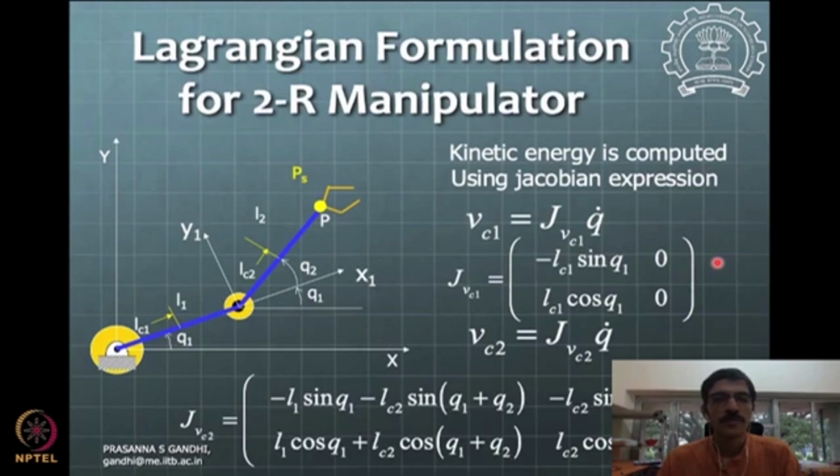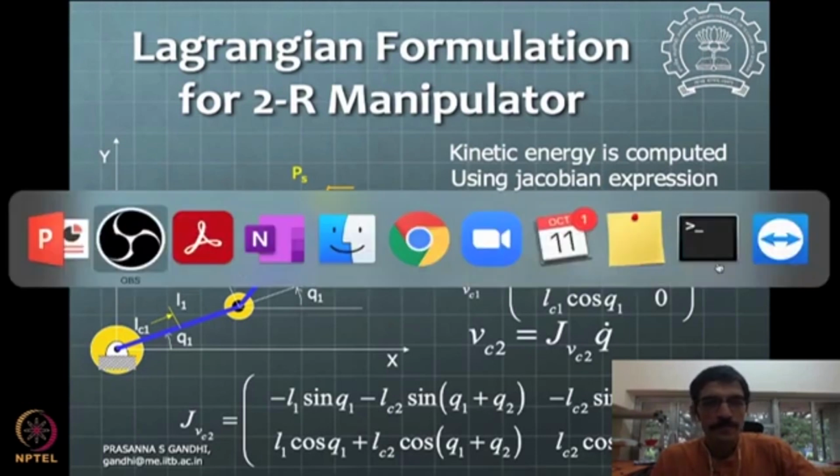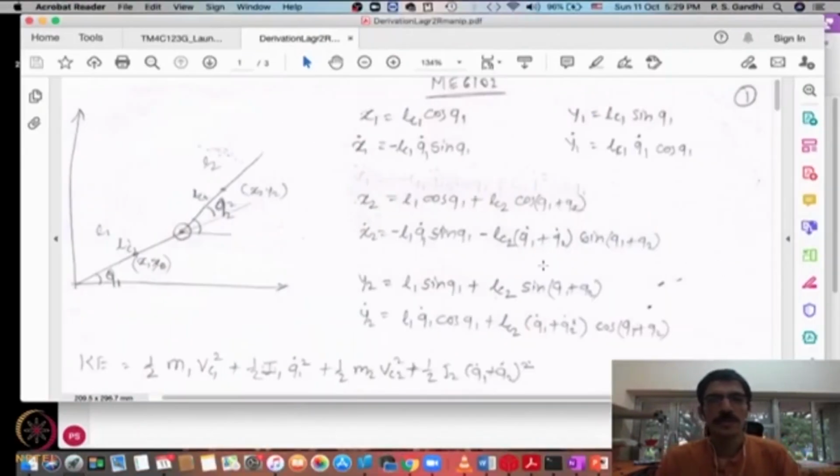If you just work it out using our kinematics and dynamics fundamentals, then also you can see the same thing. So these are the equations that you will start writing, and you can see q1 here and q2 here. Based on that, you can write the coordinates of the CGs of the links, x1, y1 and x2, y2, for links 1 and 2.